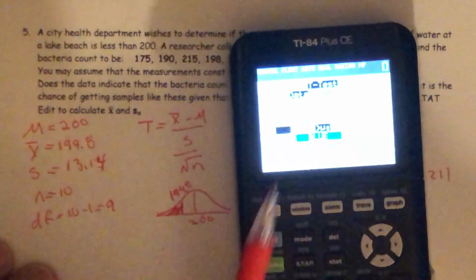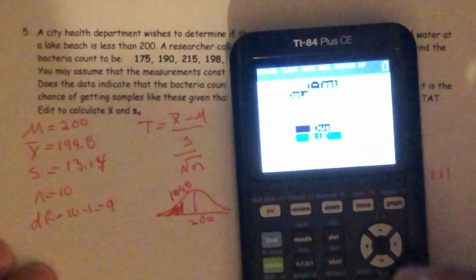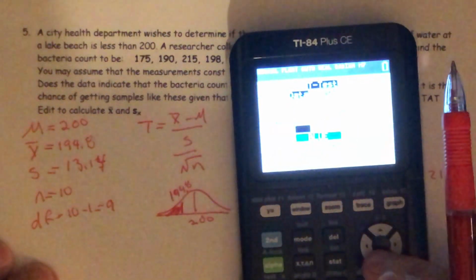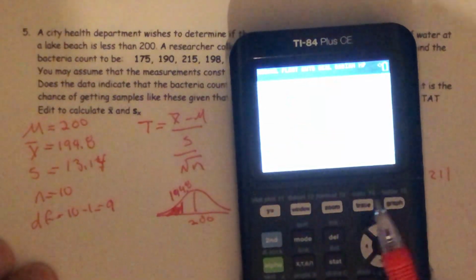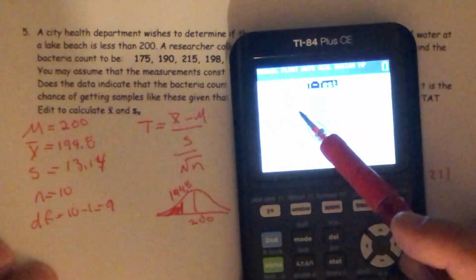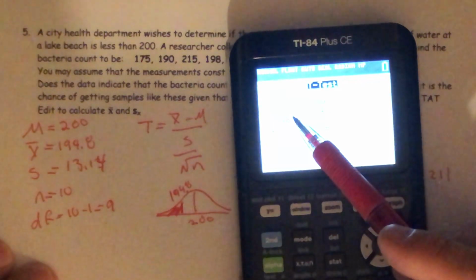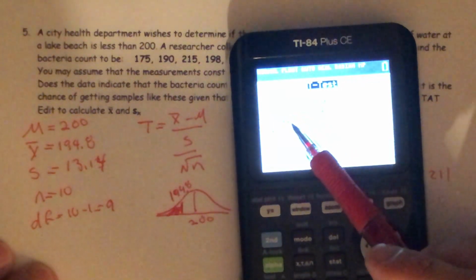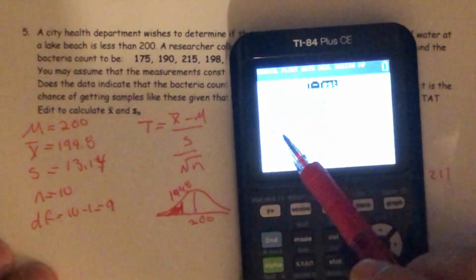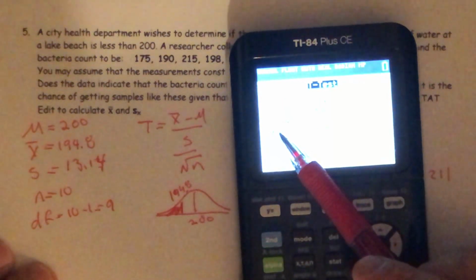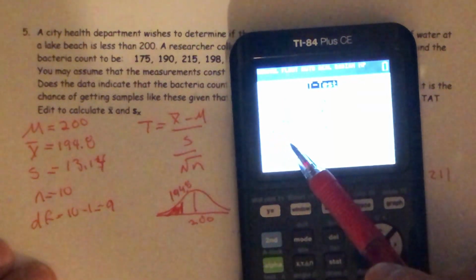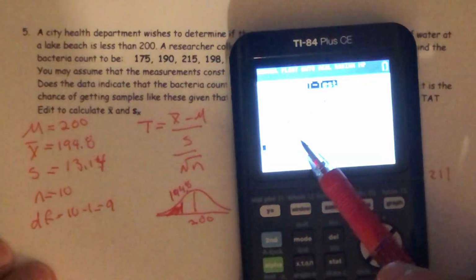Now, we shaded to the left and we used a less than symbol, so we need a less than symbol here. And there we go. There's my t-statistic of negative 1.252. There's my probability of 0.121. There's my sample mean of 194.8 and my standard deviation of 13.14.